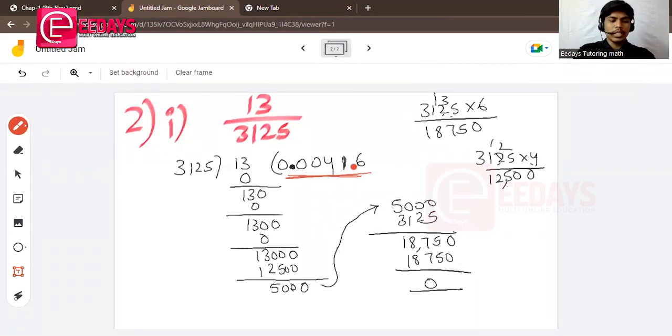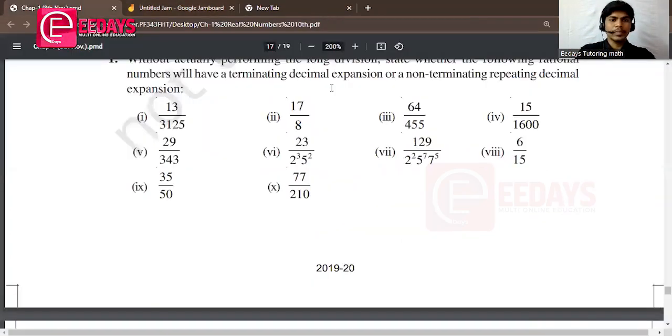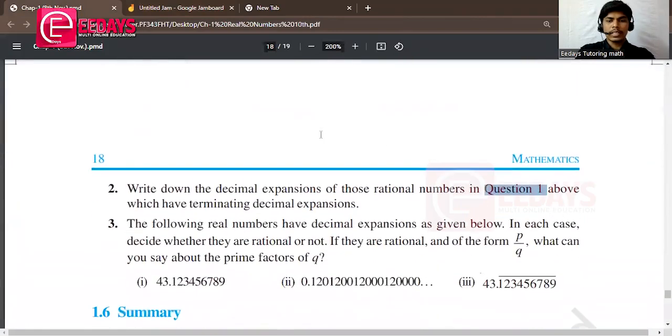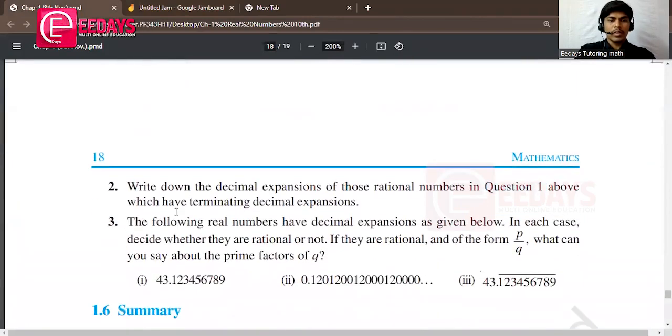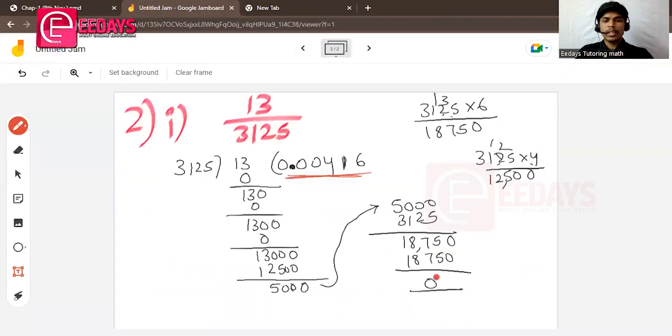But the question here is asking which have the terminal decimal expansion. Terminal decimal expansion is nothing but, you'll get remainder is 0. So that is a terminating decimal. Remainder is 0, so that's why the first question is a terminal decimal expansion.